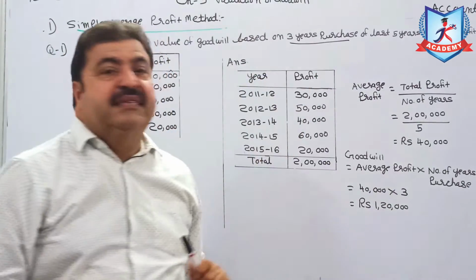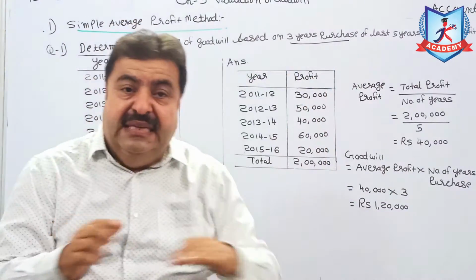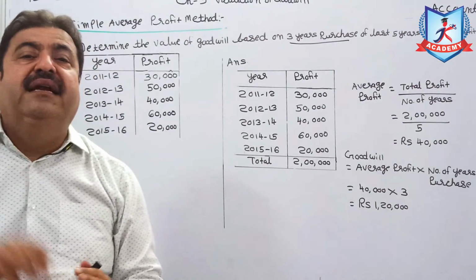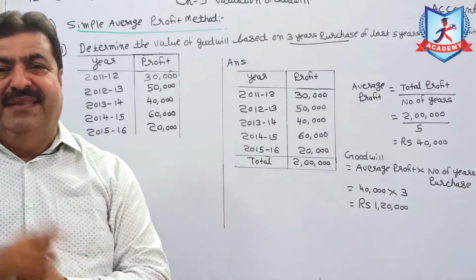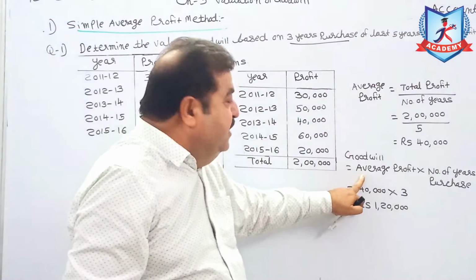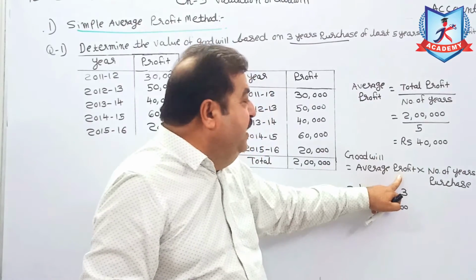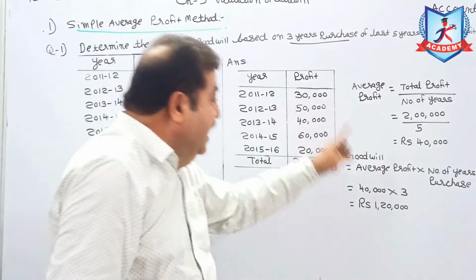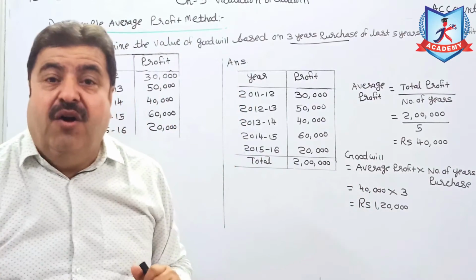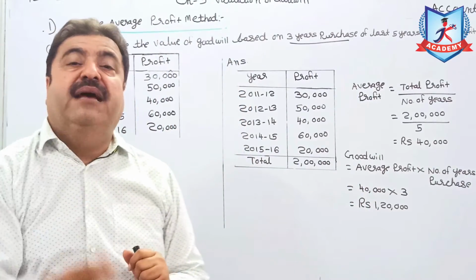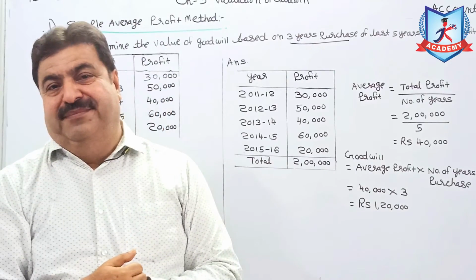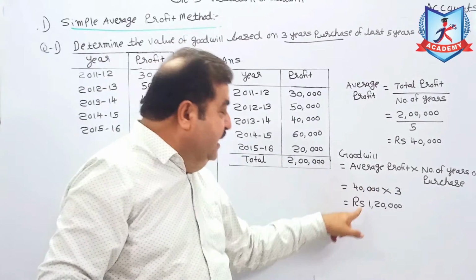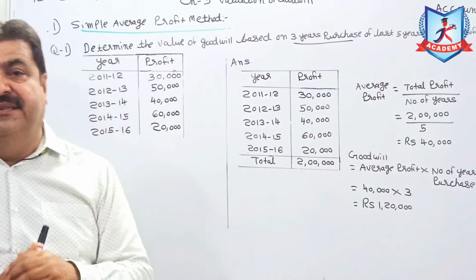Here 3 years of purchase are given, which means this profit will be maintained for 3 years, so goodwill is calculated 3 times. Goodwill is equal to average profit into number of times. Average profit is 40,000, 3 times, so your goodwill will be 40,000 into 3 is equal to 1,20,000.